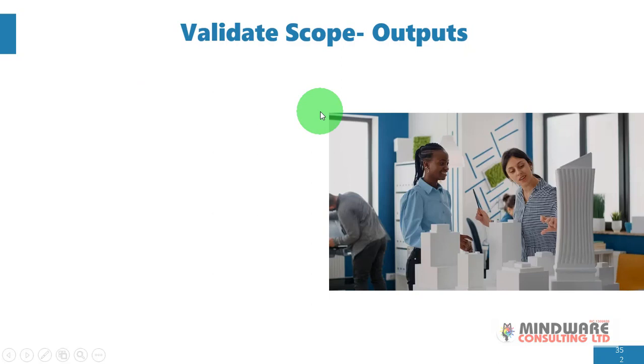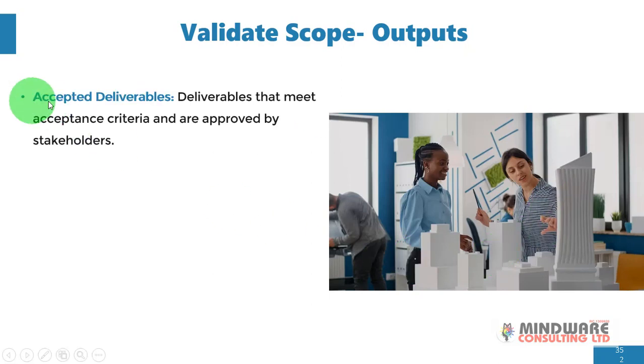So what are the outputs of the validate scope process? Firstly, you have accepted deliverables. These include the deliverables that met acceptance criteria and are approved by stakeholders. Deliverable simply means the products that your project has actually produced, the outcomes, the systems, the services, documents, whatever it is.